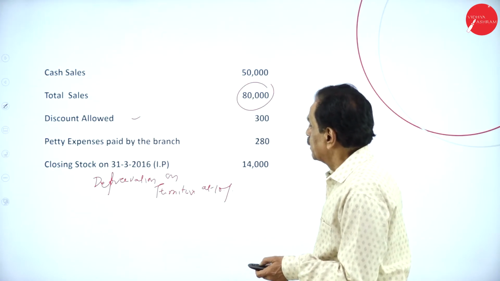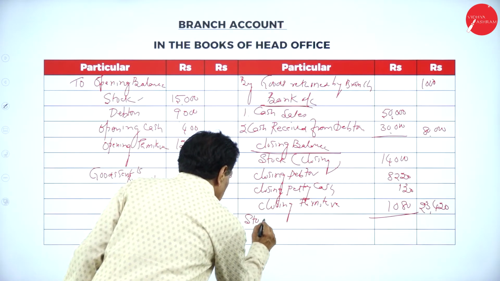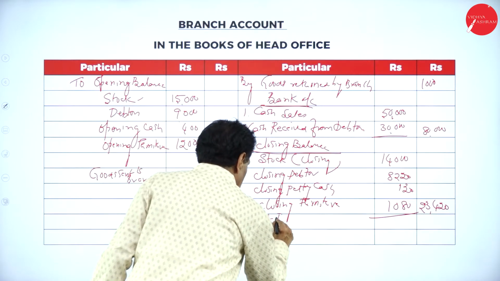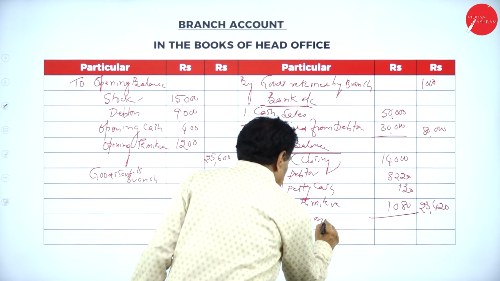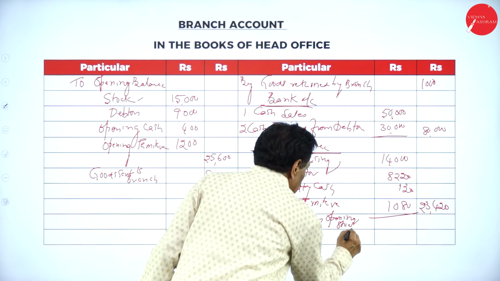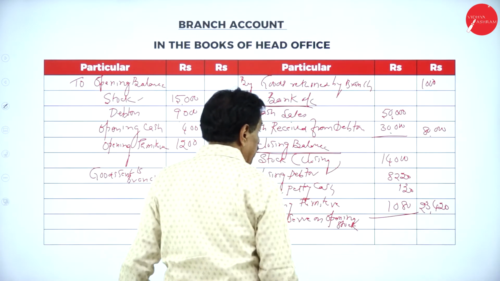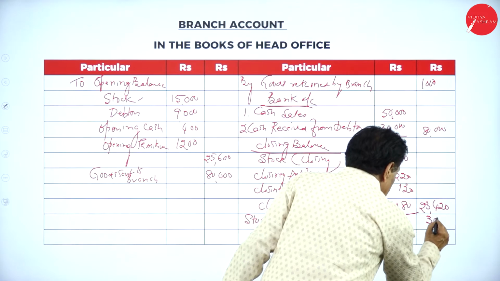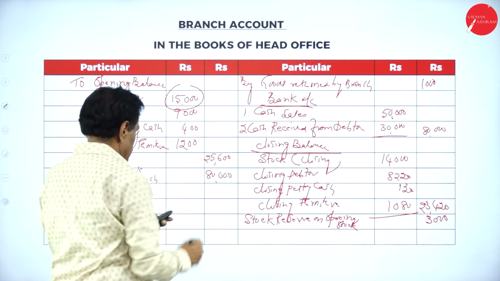Okay. We'll go to stock reserves. Stock reserve on opening stock. What's your opening stock? 15,000. 1 by 5 of 15,000 is 3,000.